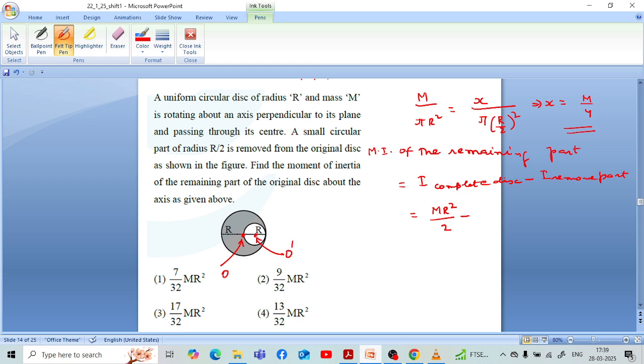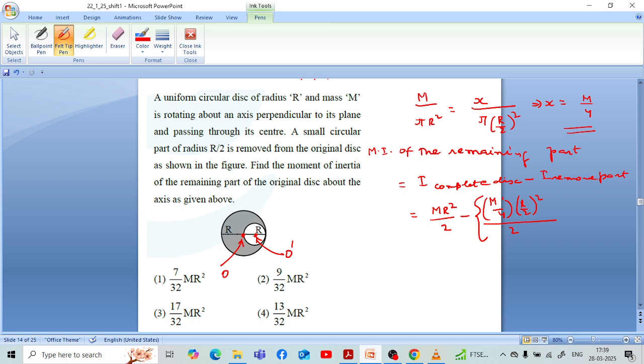So we have to shift this moment of inertia of the removed part from O dash to O, so we use the parallel axis theorem here. First we calculate the moment of inertia about the perpendicular axis going through O dash, which is given by m by 4 multiplied by r by 2 whole square upon 2.